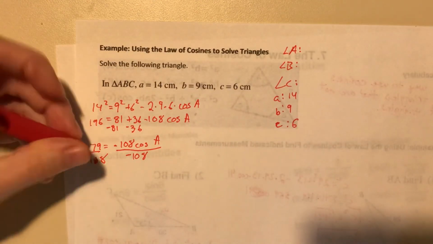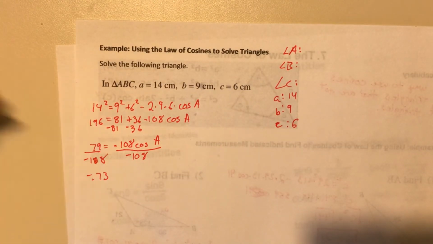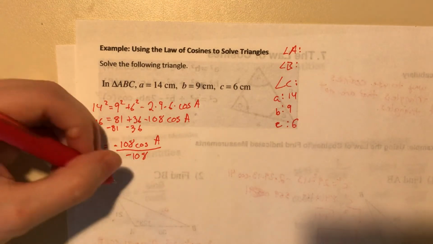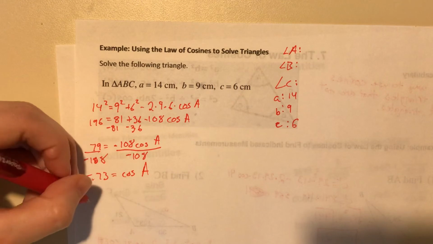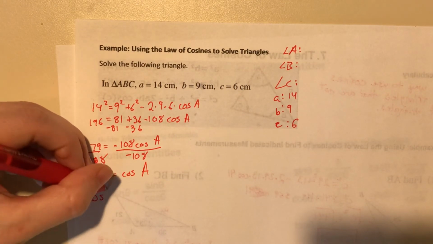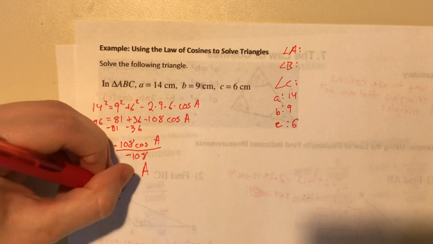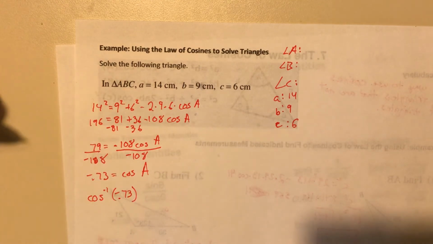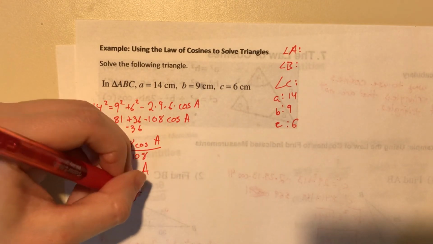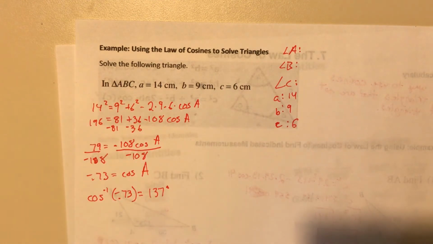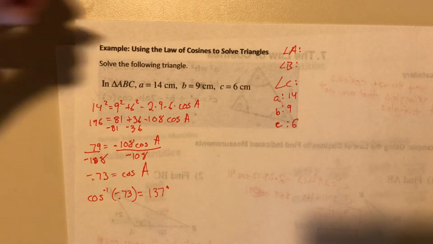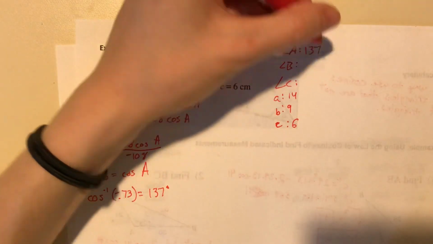And that's going to give us negative 0.73, but once again, that's a long decimal we want to keep, equals the cosine of A. And then we'll go inverse cosine of negative 0.7301, whatever that decimal is, equals, and that will give us 137 degrees. So angle A can be filled in up here, 137 degrees.